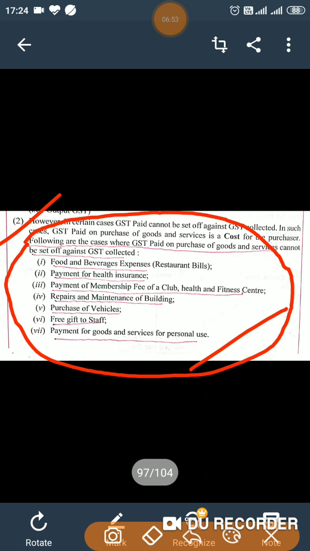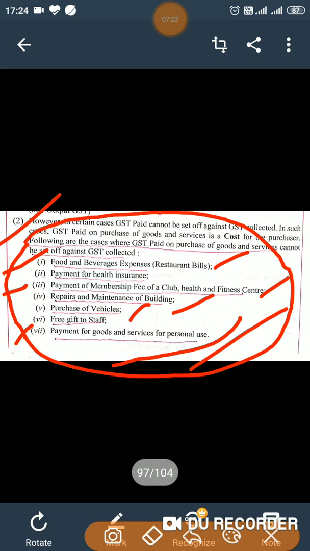So what are those things? Food and beverage expenses at a restaurant, payment for health insurance, payment of membership fee of a club, health and fitness center, repair and maintenance of building, purchase of vehicle, free gift to staff, and payment for goods and services for personal use.